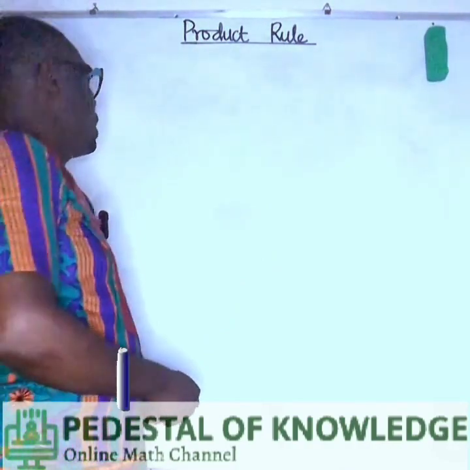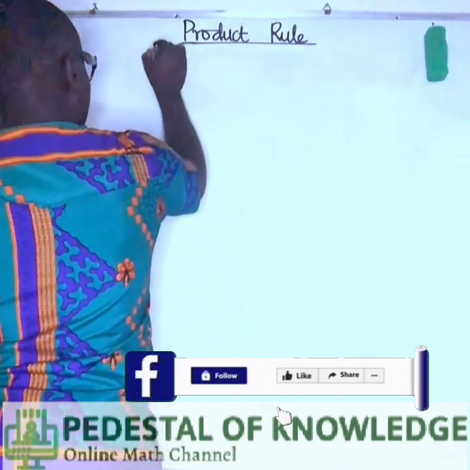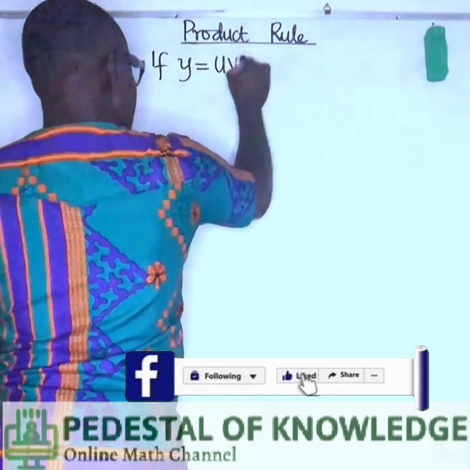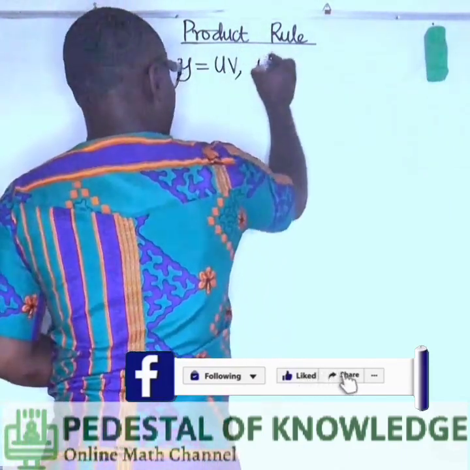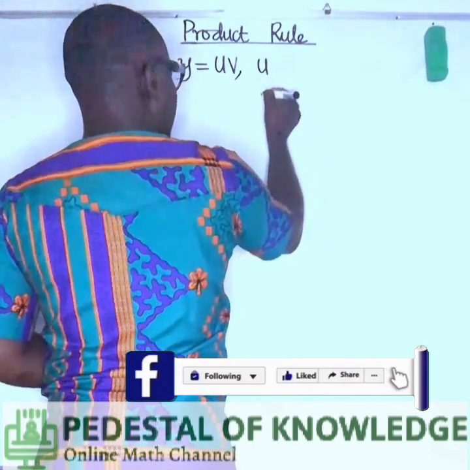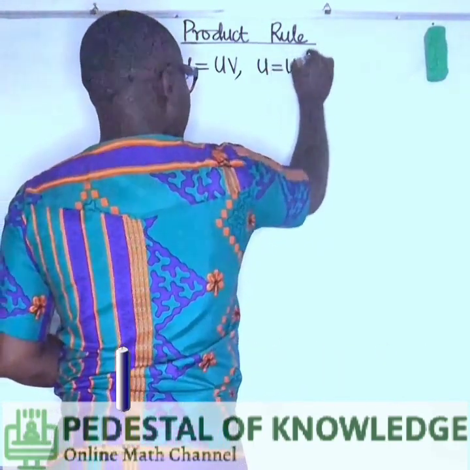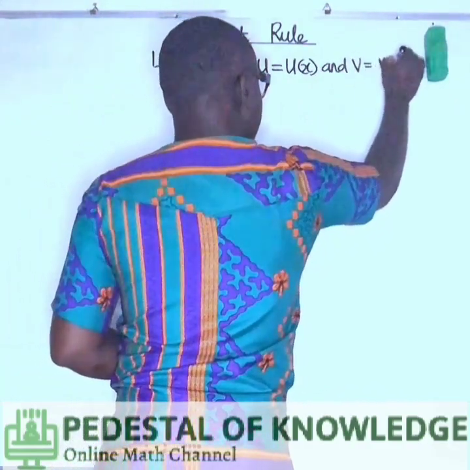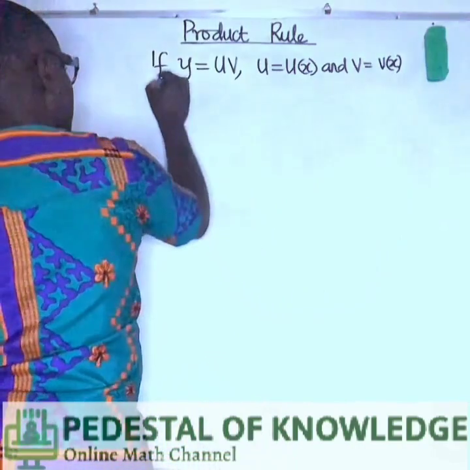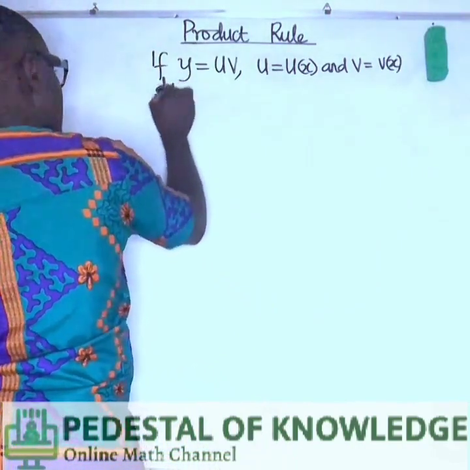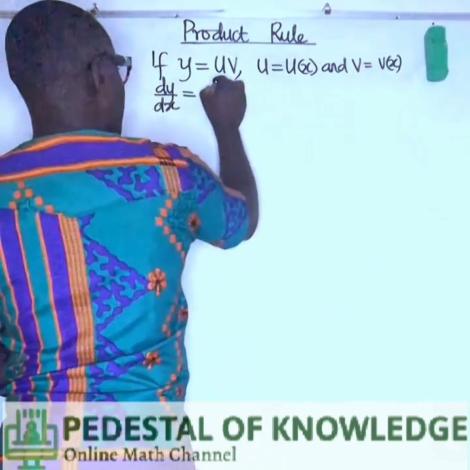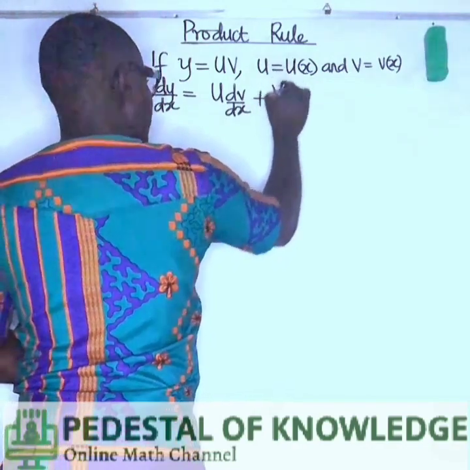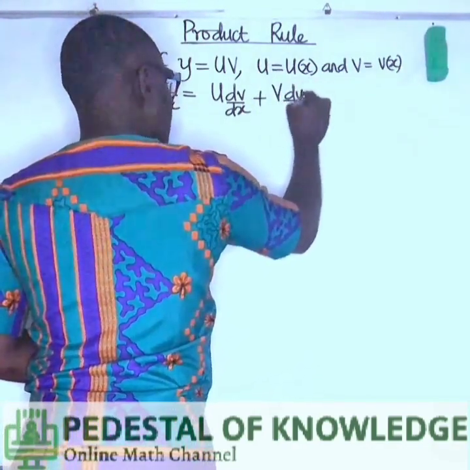The product rule states that if y is equal to uv, and u and v are both functions of x, that is u is equal to u of x and v is equal to v of x, then dy/dx is equal to u dv/dx plus v du/dx.